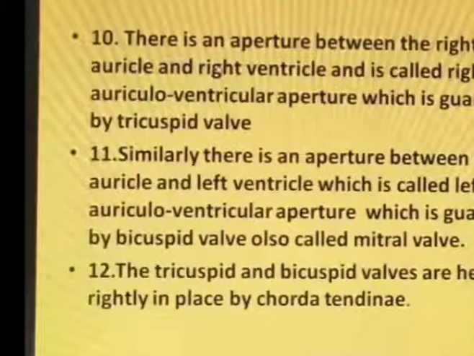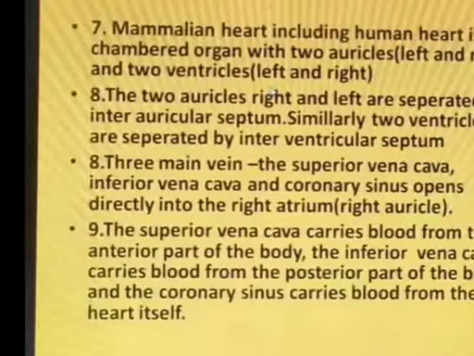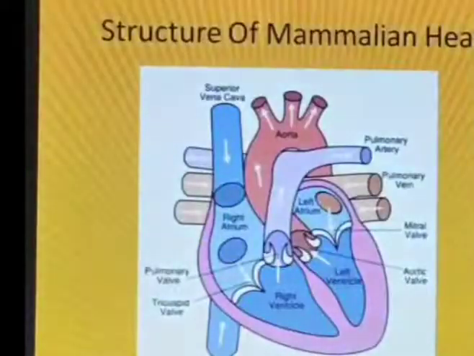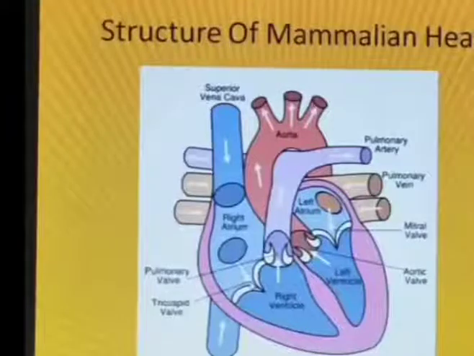So there is an aperture between the right auricle and right ventricle, and it is called the auriculoventricular aperture. You see here, this is the auriculoventricular aperture guarded by the tricuspid valve.